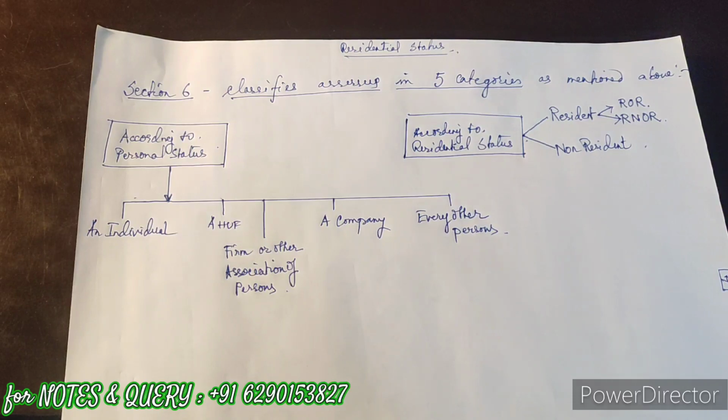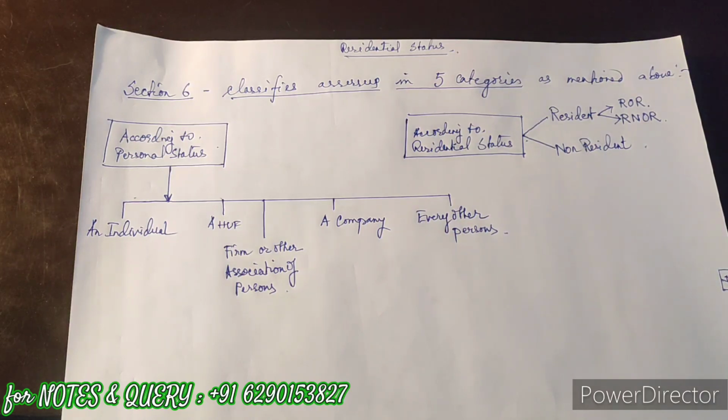Now we come to the other category, that is when it has been classified according to the residential status of the assessee. Now the residential status are mainly of two types. Either he is a resident or he is not resident.